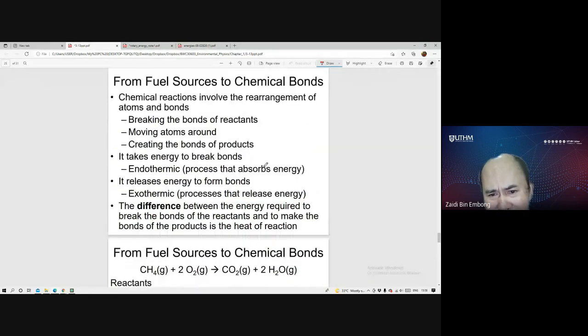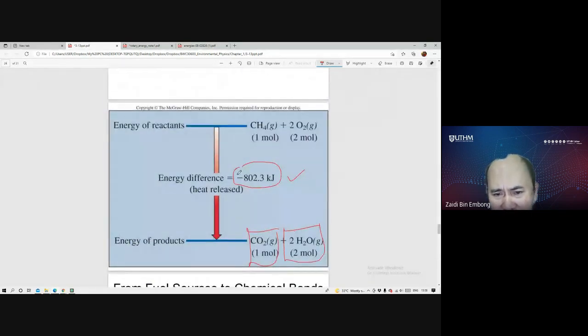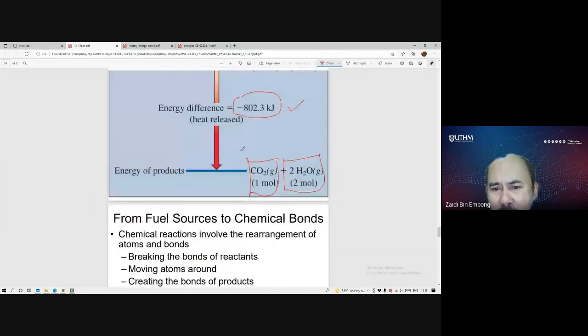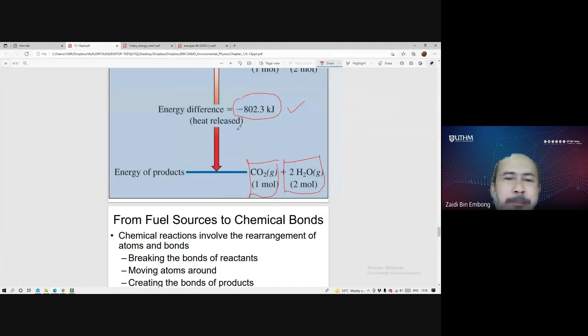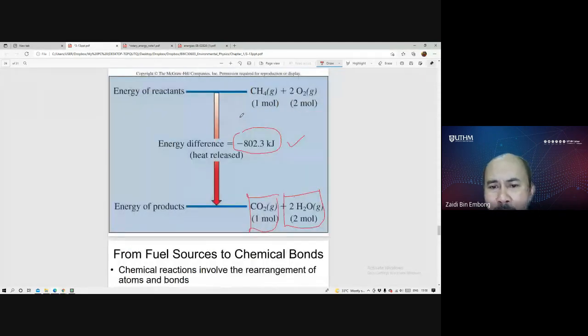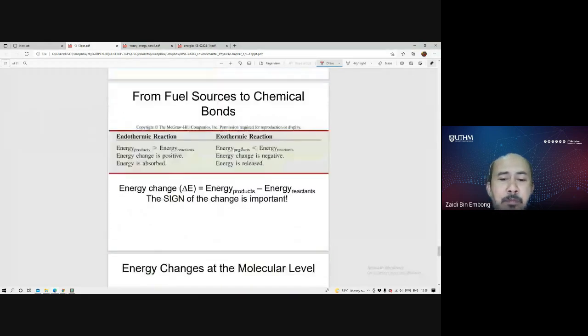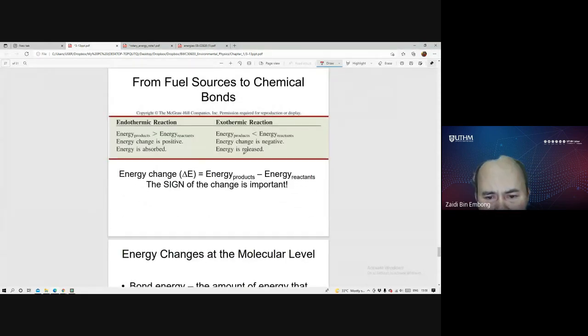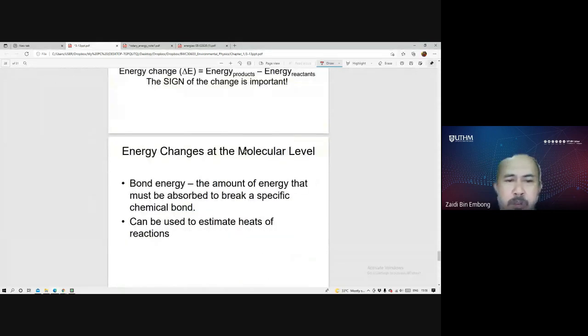That's why we have the negative value now. This negative indicates exothermic. Positive means it's endothermic. If positive, endo. Negative is exo. Right. And then energy is released. Okay, then you can read all this.